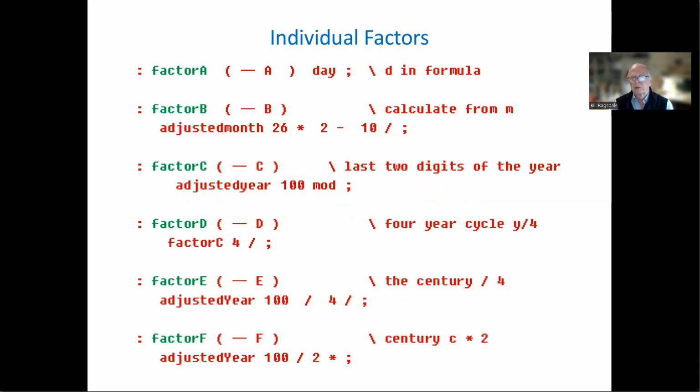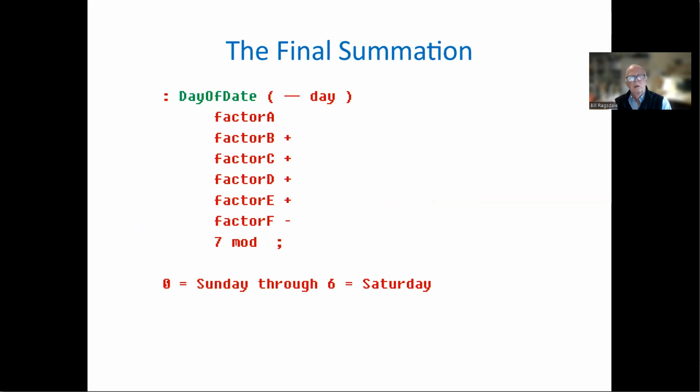When I programmed this for error checking, I took each factor and wrote a word around it. So I have factors A through F, and the first one you see is very simple. It is just day. Factor B is the adjusted month, multiplied by 26, subtract 2, divide by 10. So every one of these corresponds to one line in the prior sequence. Five of these factors are added together, the sixth factor F is subtracted, and then mod 7 gets us the conclusion.